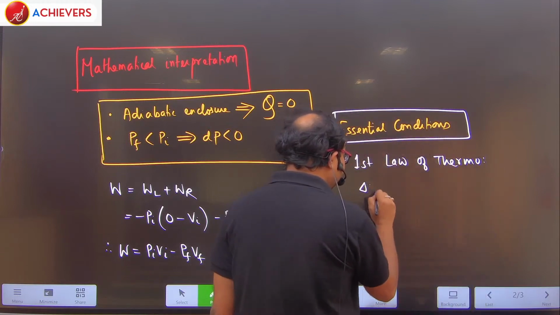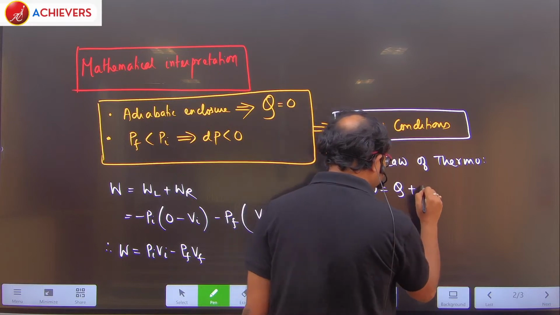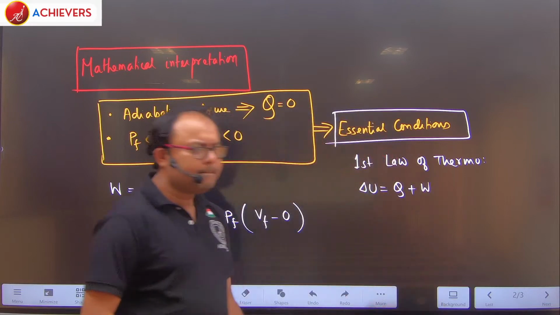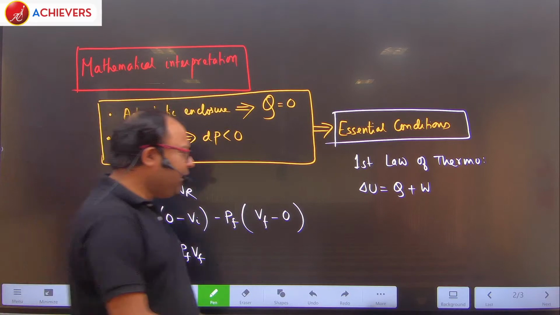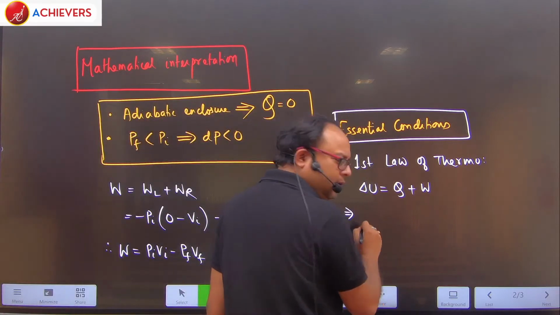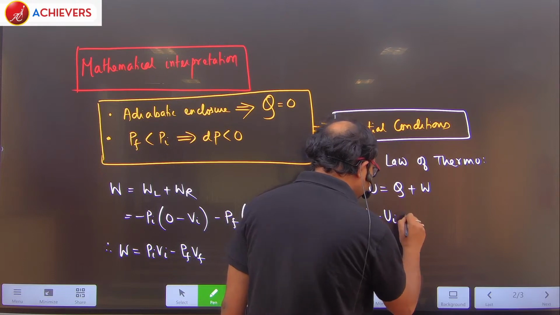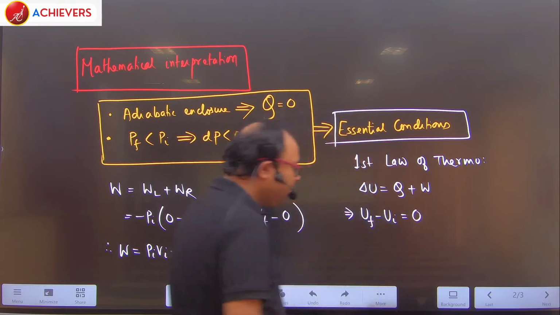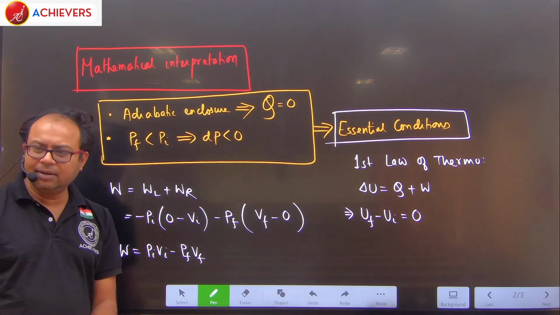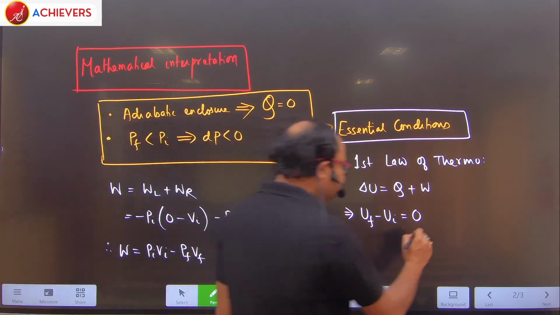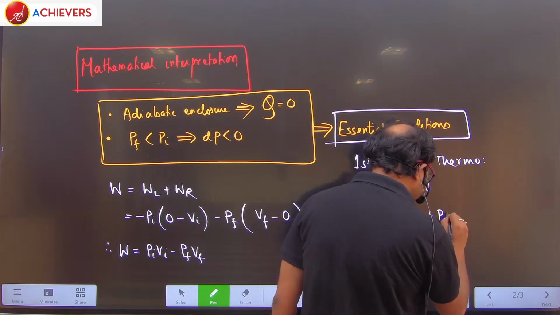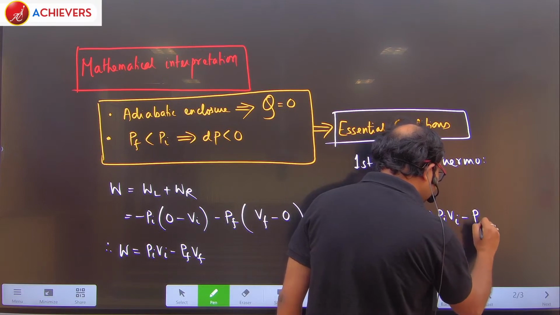We have delta U equal to Q plus W. Now what is the value of delta U? Delta U is U final minus U initial. Q is equal to 0. We already know that. And what is the value of W? W is Pi Vi minus Pf Vf.